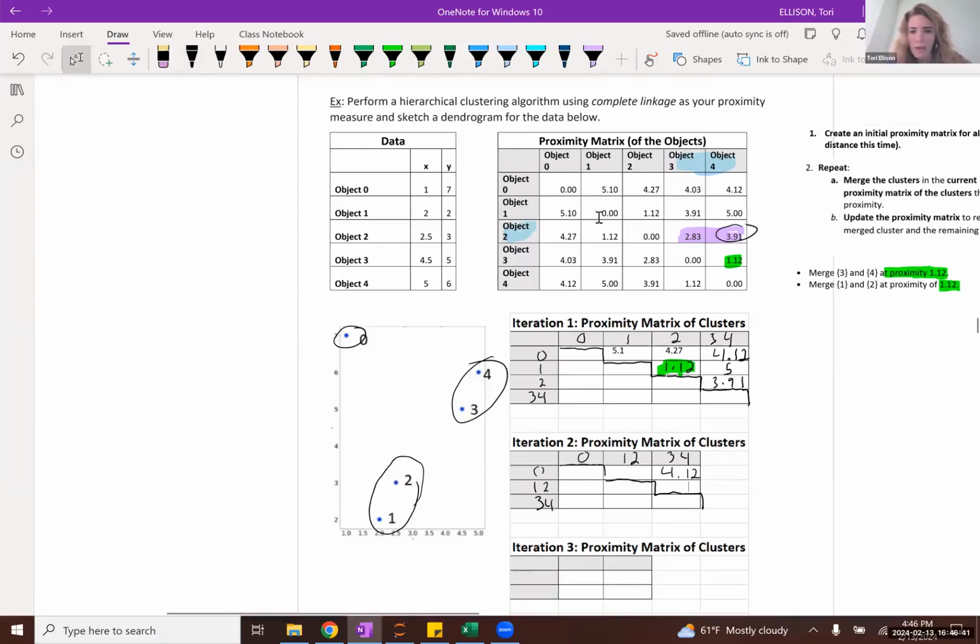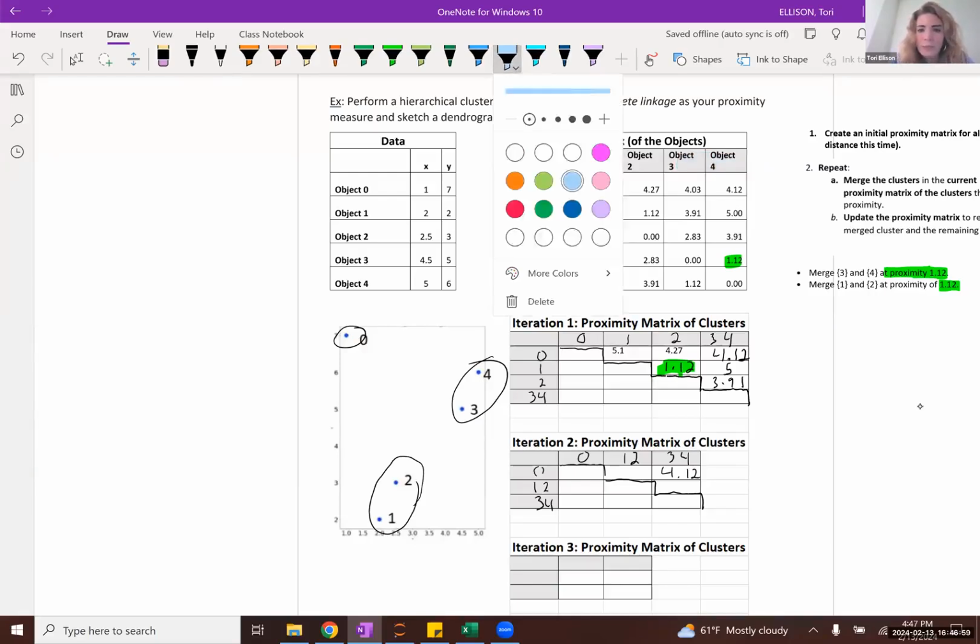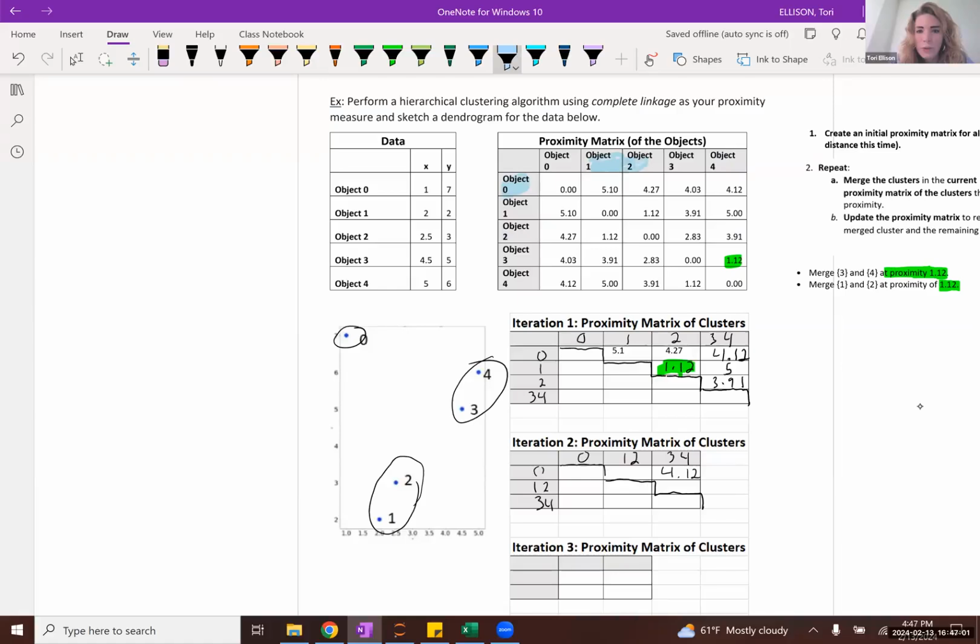But what we want to do next is calculate the distance between cluster 0 and cluster 1, 2.